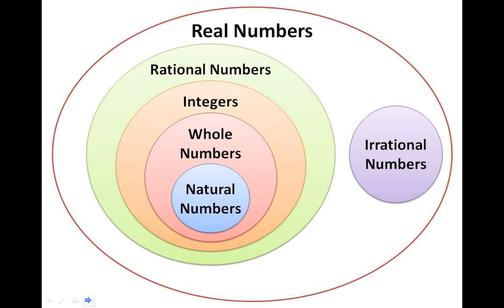Not every rational number is an integer. Not every integer is a whole number. Not every whole number is a natural number. Every natural number is a real number. Every whole number is a real number. Every integer is a real number. Every rational number is a real number. And all of them are real numbers. These diagrams can help you understand where the numbers fall.